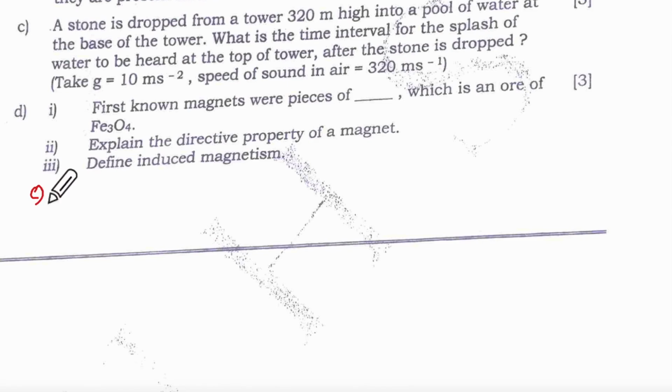So if we show the diagram, the stone is dropped from here, correct? So I'm just showing this is the tower. From here to here, it is 320 meters. Okay, and this is the pool of water at the base of the tower.